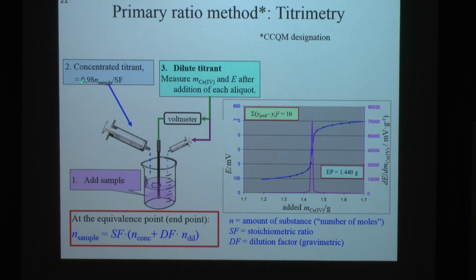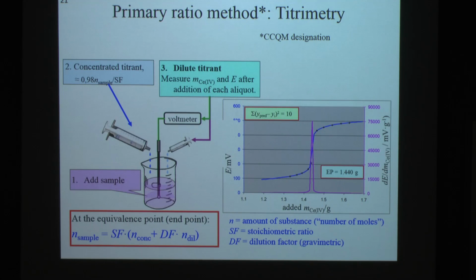You add a concentrated titrant. If it's a very homogeneous compound, this can be a solid sample and not a solution. And then you add about 98% of what you expect to be there. The last 2% you put in drop, drop, drop, measuring the mass of each drop, and then measure the potential of an endpoint detecting electrode. It could be a pH electrode for an acid-base titration.